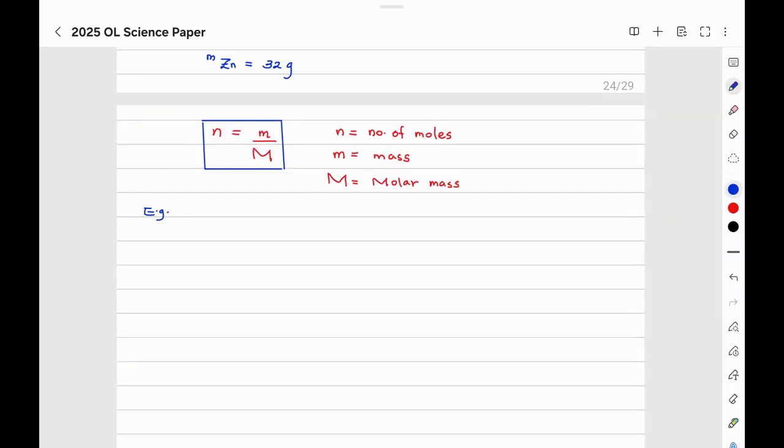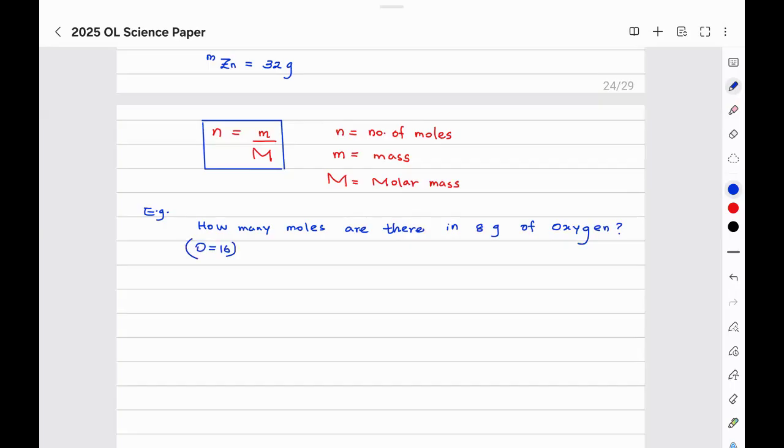Before we go for that one, I'm asking you how many moles are there in 8 grams of oxygen? And they have given oxygen's relative atomic mass is 16.